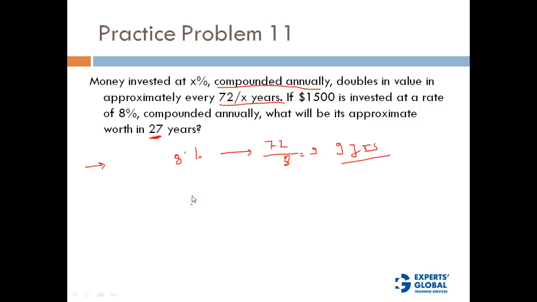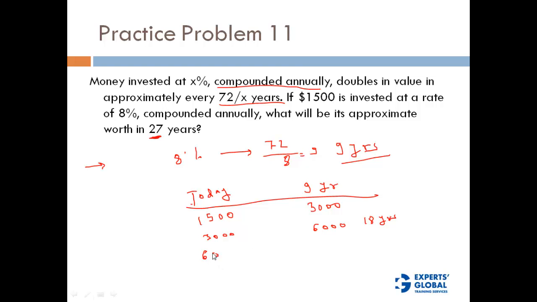So let's say today $1,500 is invested. At the end of 9 years it doubles, so it is going to be $3,000. We put it back, it becomes $3,000. At the end of another 9 years, that means a total of 18 years, it is going to be $6,000. We reinvest.